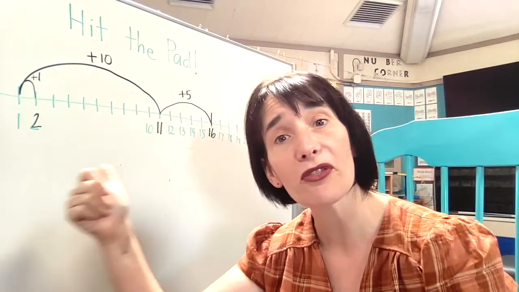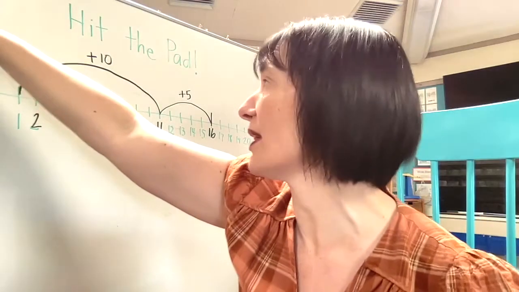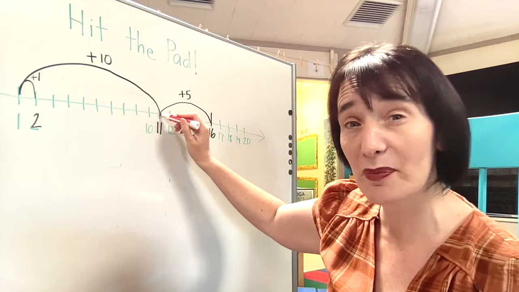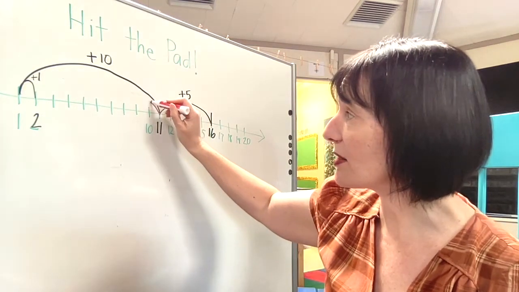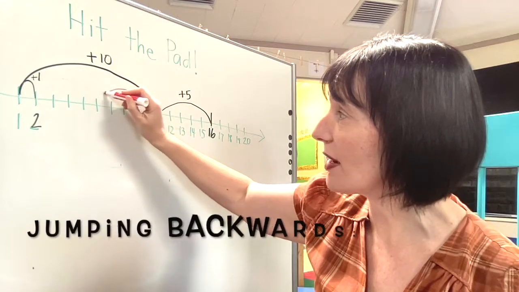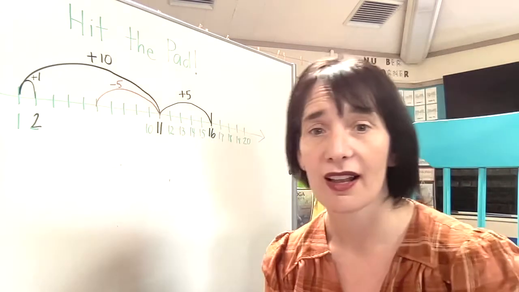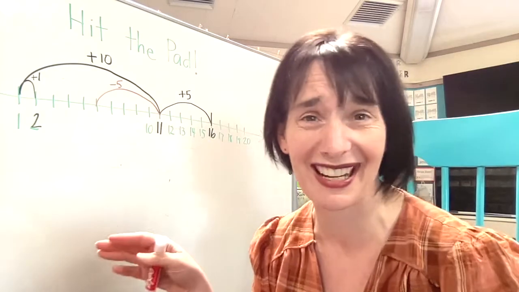You can not only go forwards on the number line, but you can also jump backwards on the number line. So let's say I'm right here at 11 and I want to jump back 5. I go like this. Go back 1, 2, 3, 4, 5. Minus 5. I could also go to that side, to the smaller side.